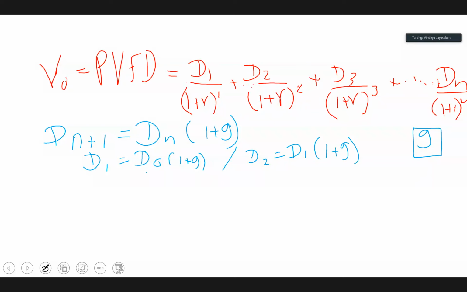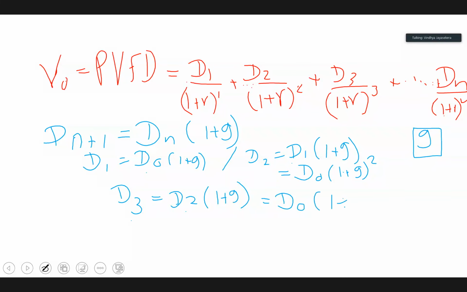But I know D1 is equal to D0 into 1 plus G. So therefore, D2 can also be written as D0 into 1 plus G squared, right? D3 can be written as D2 into 1 plus G, right? Because D2 is growing at the constant rate, which can be rewritten as D2 is equal to D0 into 1 plus G squared. So D3 can be written as D0 into 1 plus G to the power 3, cubed.